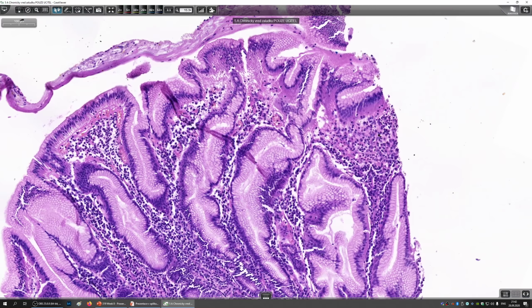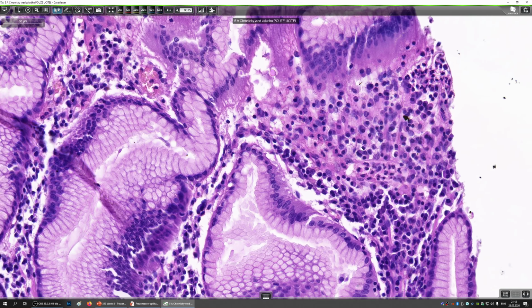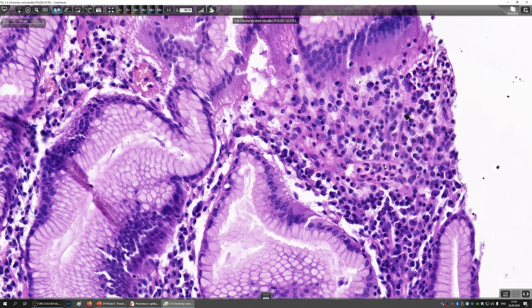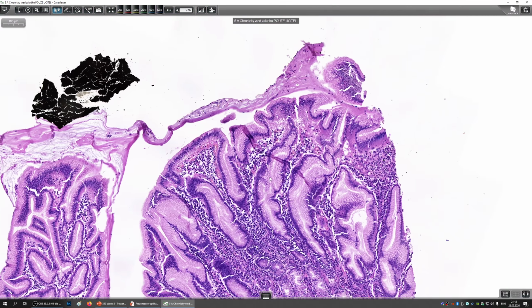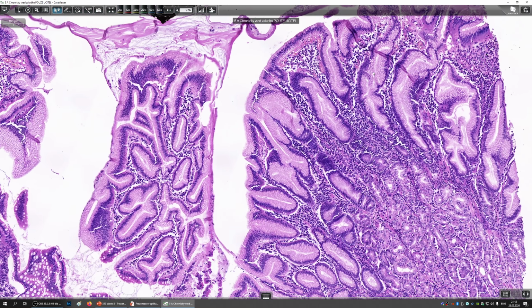There's a lot of chronic inflammatory infiltrate with some acute components. Here we see some neutrophils. So this is both chronic and acute gastritis. So this is a bit of corpus, and we are in the pylorus, and here we see the same picture as before with the intestinal metaplasia. So it's just the same.